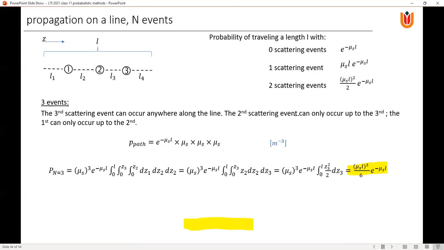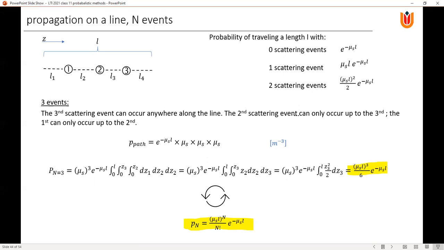For 2 events, we had μs times L to the second power. Here we have μs times L to the third power, so that scales with the number of scattering events. We always have this exponential decay that is just related to the total length, and the factor that comes from the integration.